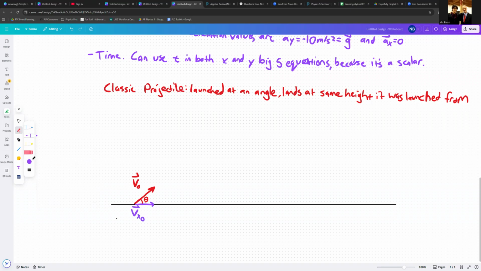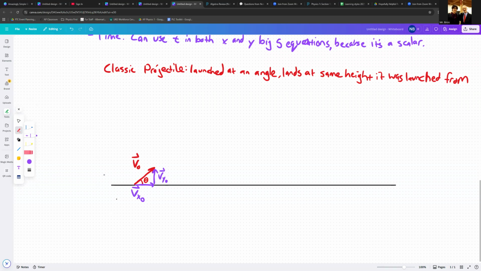Just a quick reminder on trig for vectors. The fact that we launch upwards, Vy initial, and we launch to the right, Vx initial, we can find those using sine and cosine.